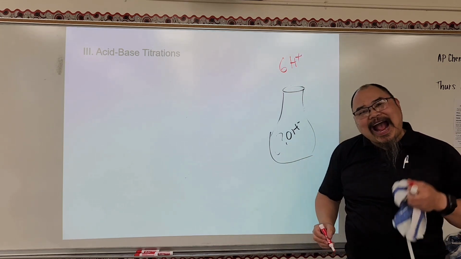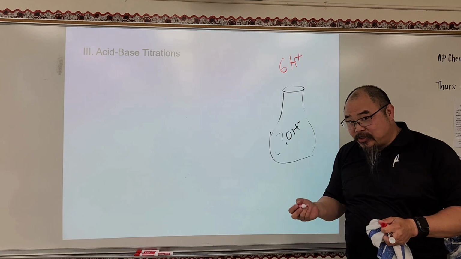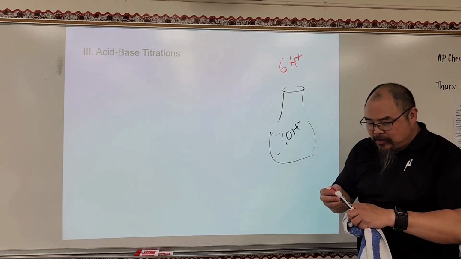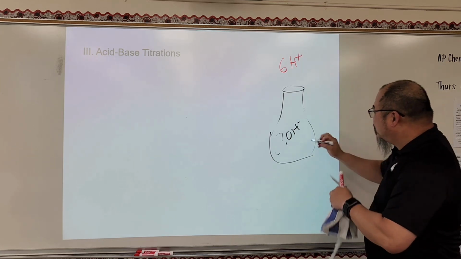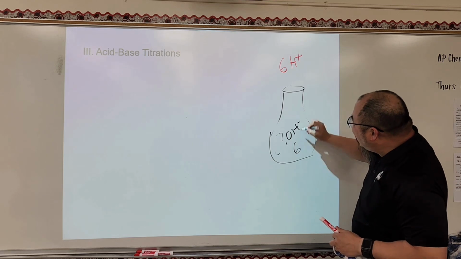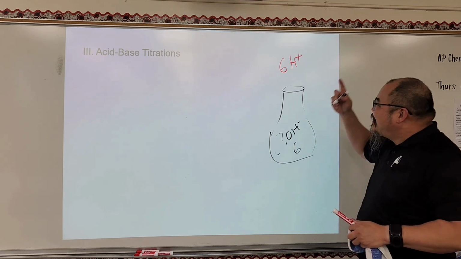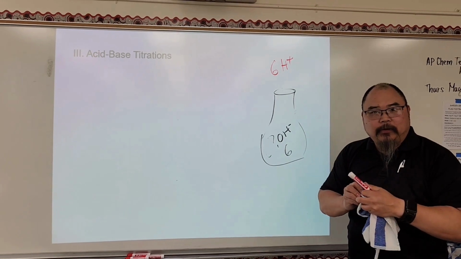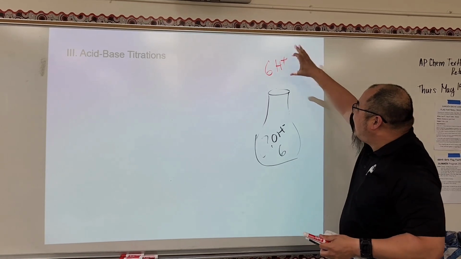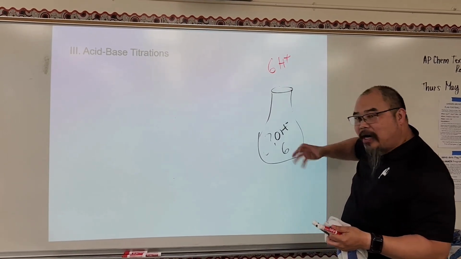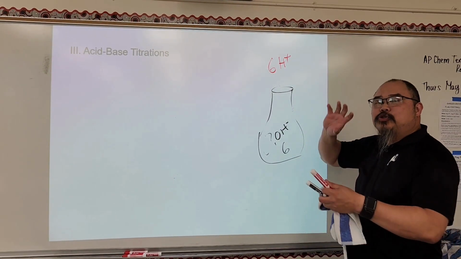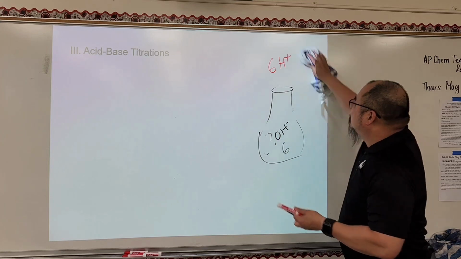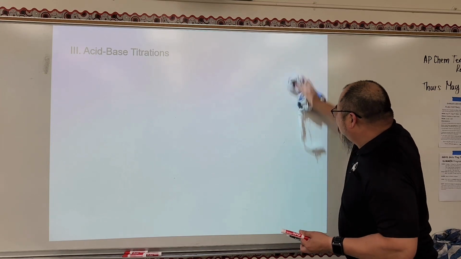How many hydroxides had to have been in there? Answer: 6, right? So we just figured out how many hydroxides are in there. And that's the main point of a titration, right? It's to see how much of a proton or hydroxide you need to neutralize the other substance. So let's get to it.